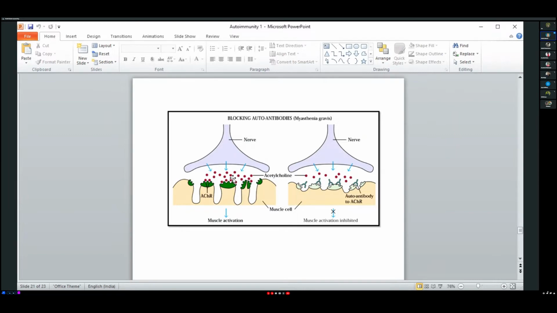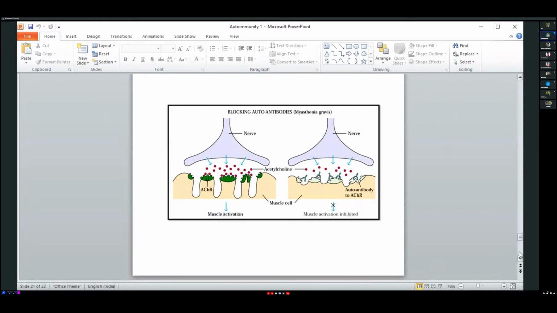But in the right panel, under the condition in which myasthenia gravis is occurring, the receptors are already occupied by the antibodies. Hence, the acetylcholine cannot bind to the receptors and no neural transmission can occur properly, causing many problems which we have already discussed.